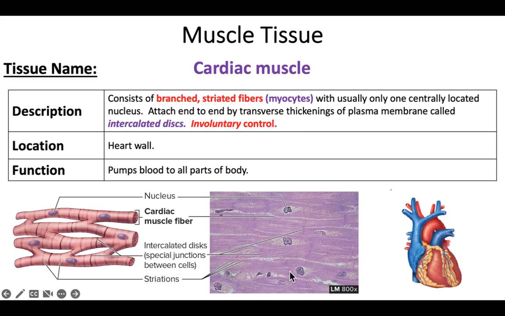Those are called intercalated discs. And then finally, this muscle is involuntary, right? You can't consciously speed up your heart. You don't have to consciously keep your heart beating. It is involuntary, and it'll contract on its own. How does it do it? That's an A&P2 topic when we get to the cardiovascular system.